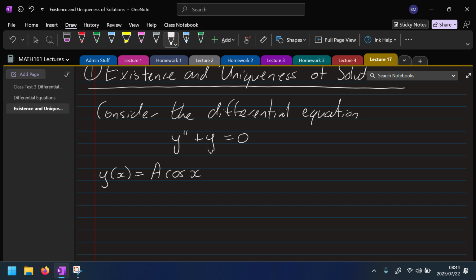First derivative. Negative sign, yeah. So y prime will be minus a sine x. If we do the derivative again, negative cos, yeah. Okay, so what happens if I take y and I add it to y double prime?